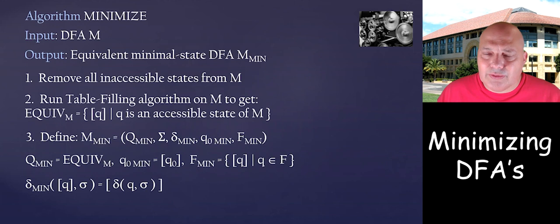And delta min, the transition function, takes as input a state, which is an equivalence class, say the equivalence class of Q, and a symbol sigma. It looks at what the original DFA M does on Q: which state it gets to when it starts at Q and reads sigma.